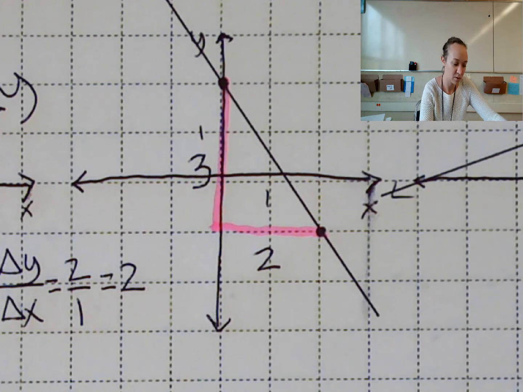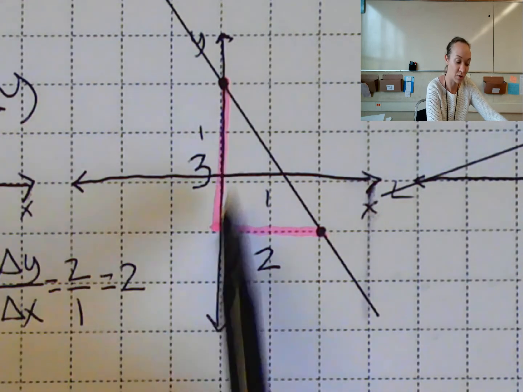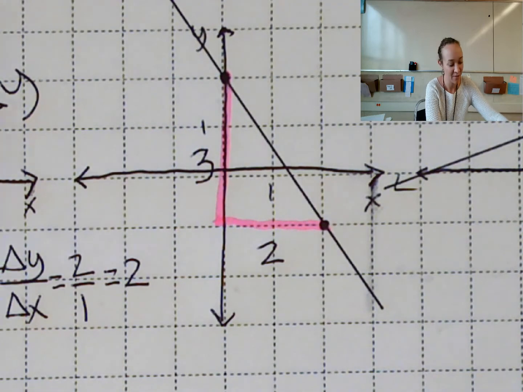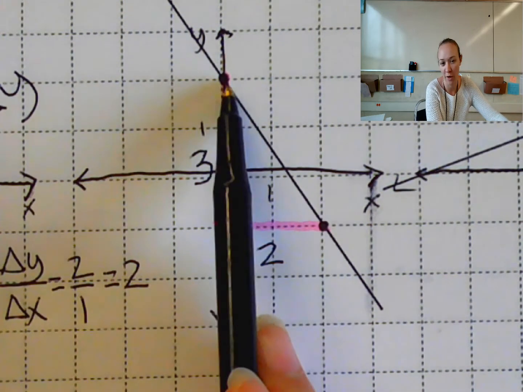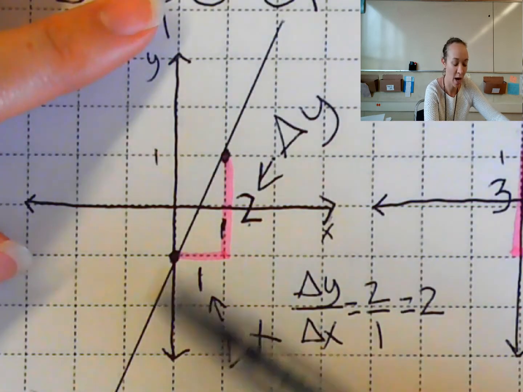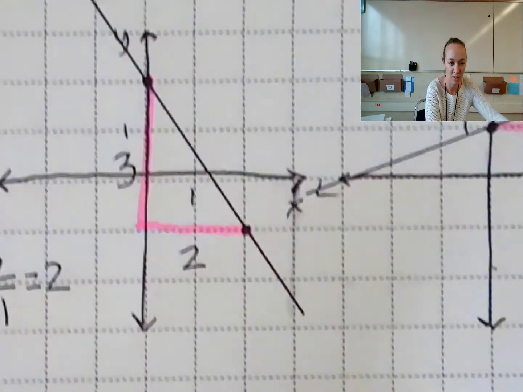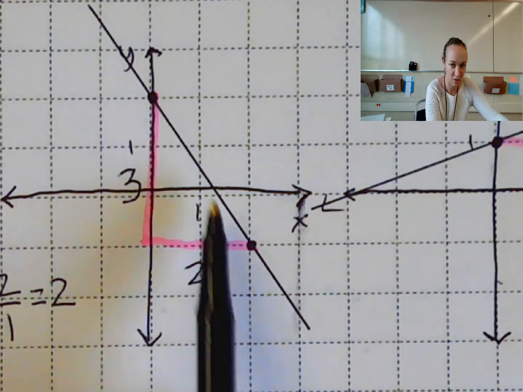So on this one, hopefully you identified that the y was a 3 and the x was a 2. However, we have to take into account that this one's going the other direction. Like this graph over here was going up when you read it from left to right. This one over here is going down. It's going the opposite direction.